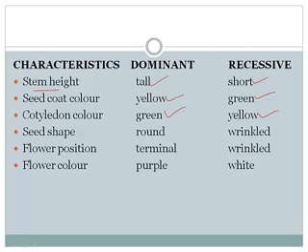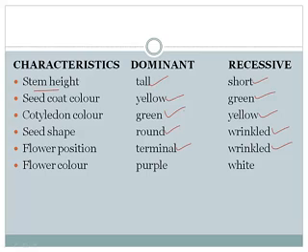For the seed shape, he discovered that the dominant trait was round, while the recessive trait was wrinkled. The flower position, dominant one was terminal and the recessive was wrinkled.